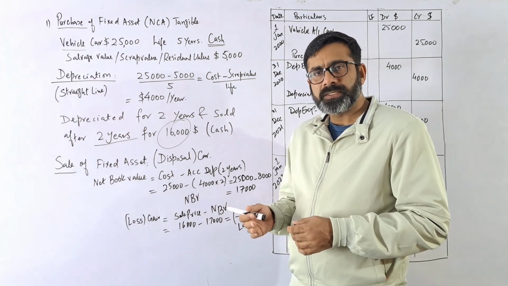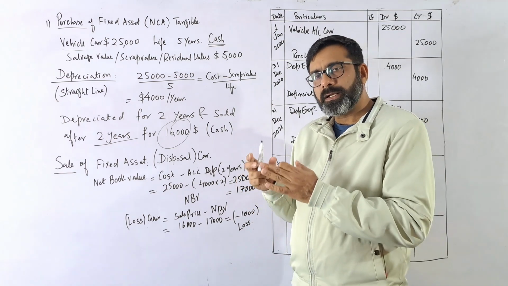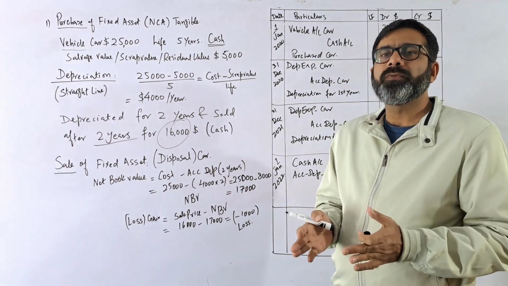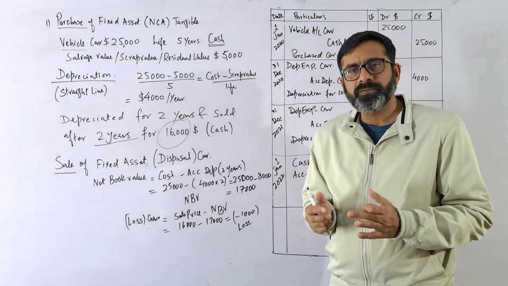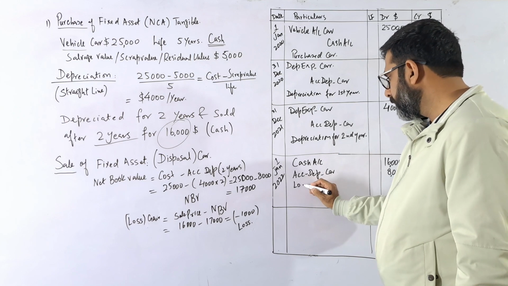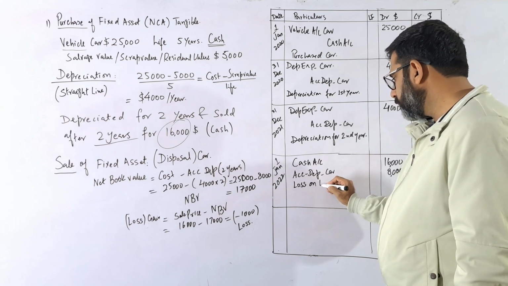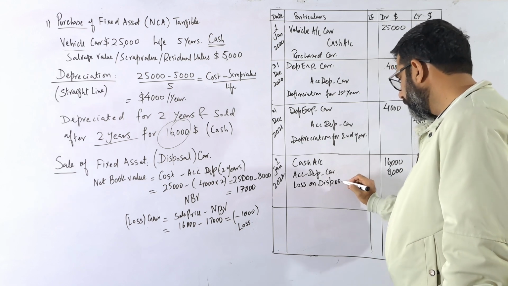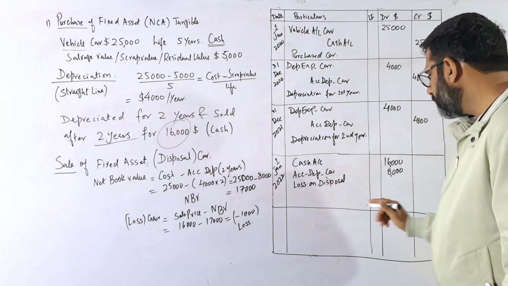It means the business is selling the car at a value that is lower than the book value. So it means there is a loss of how much? $1,000. So we write here a loss on disposal. Okay. So how much is the loss?